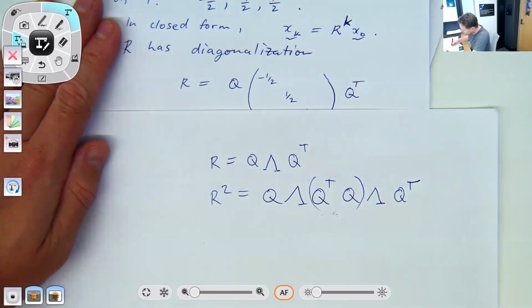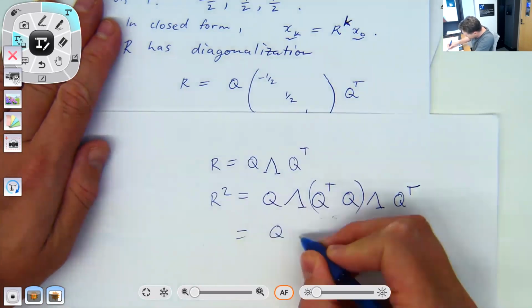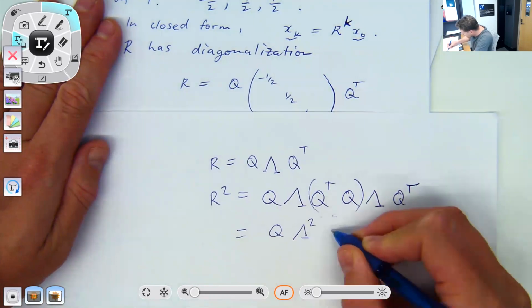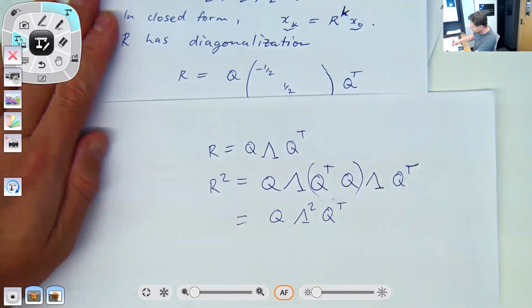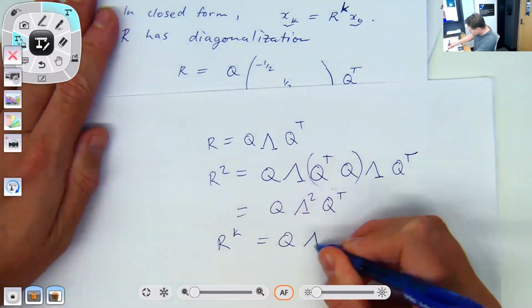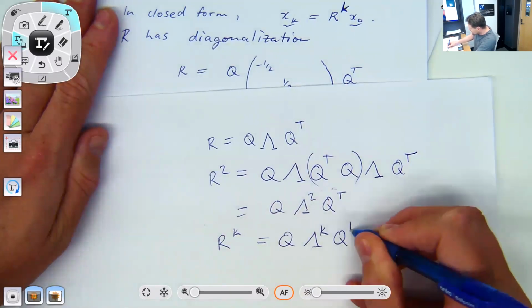And so what we have here is Q times the square of lambda times Q transpose. And in general, R to the power of k is Q lambda to the power of k times Q transpose.